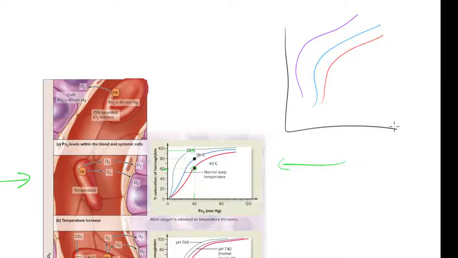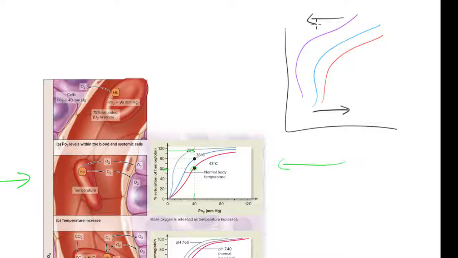If the curve is to the right of your normal curve, that is called a shift to the right. That terminology you will hear again, especially in pathology. It's called shift to the right or shift to the left. If the curve is to the left of the normal, then it's a shift to the left.